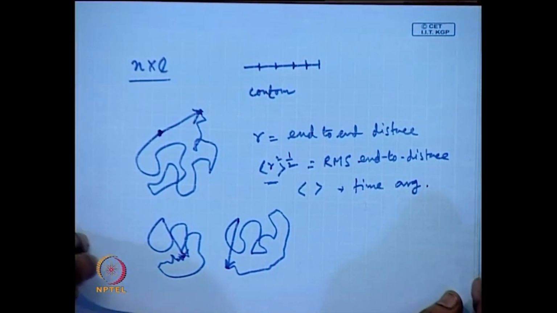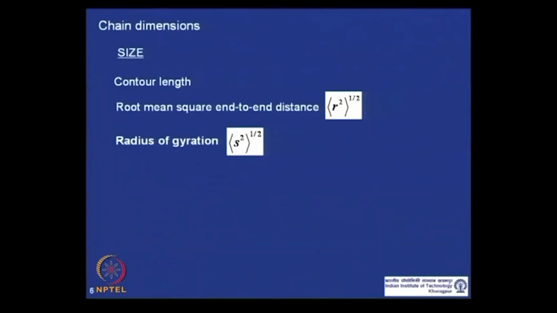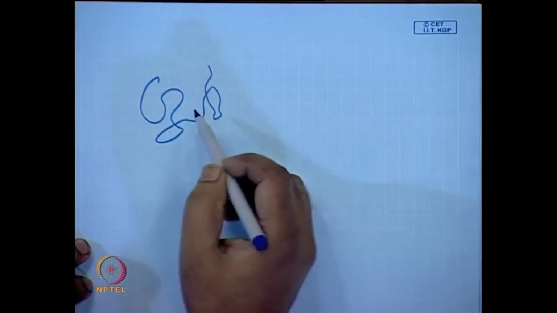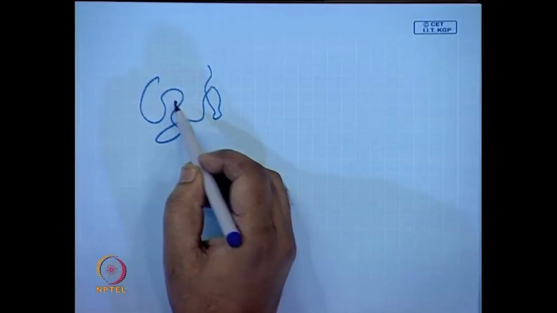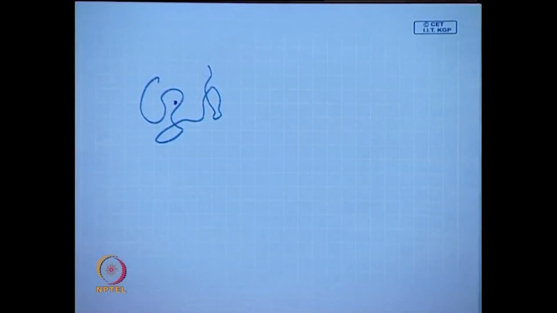Now, the third parameter which we can mention is the radius of gyration. Radius of gyration is defined as the root mean square distance of the elements of the chain from the center of gravity of the coil.